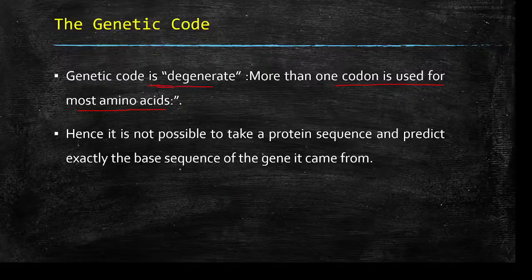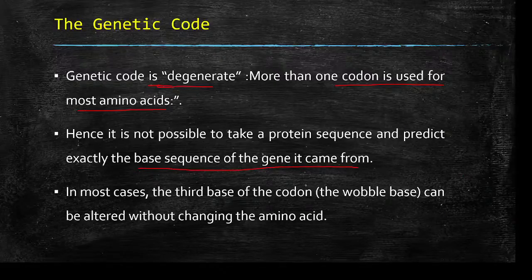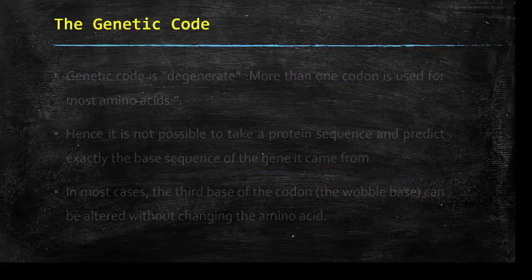That is, you can't predict exactly the base sequence of the gene it came from. In most cases, the third base of the codon is called the Wobble base, and it can be altered without changing the amino acid.